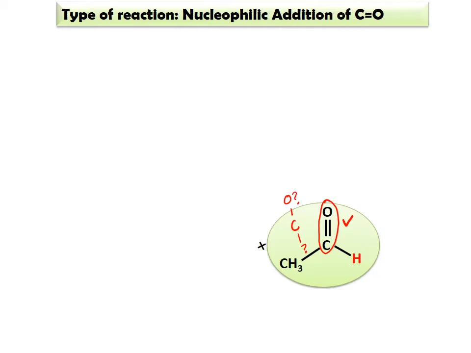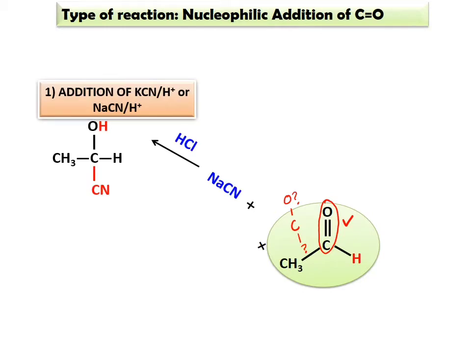Alright. So first reaction, addition of KCN with acid and NaCN with acid. Dekat sini acid yang saya gunakan adalah HCl, dan kat sini saya guna sodium cyanide. So apa yang kita akan masukkan adalah, at the carbon atom yang kita dah bentuk new bond dekat situ, we are going to add CN, and then for oxygen kita letak H. Alright.